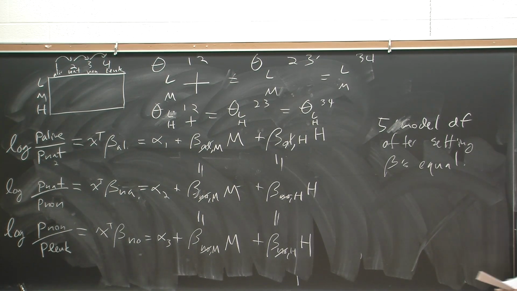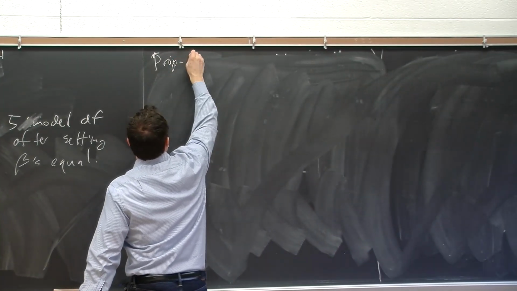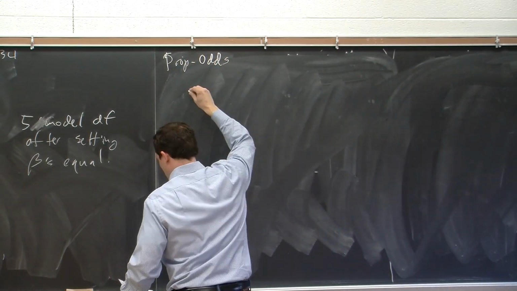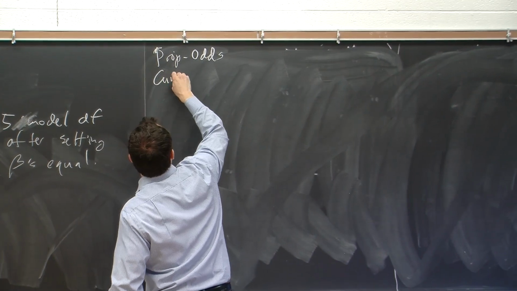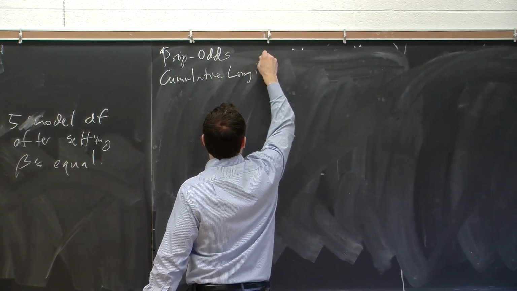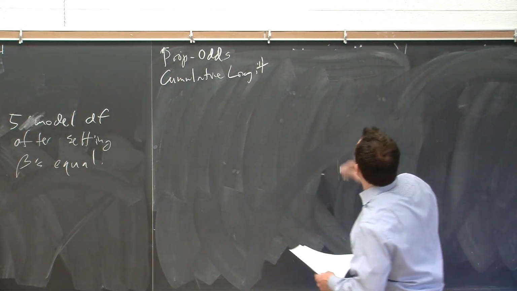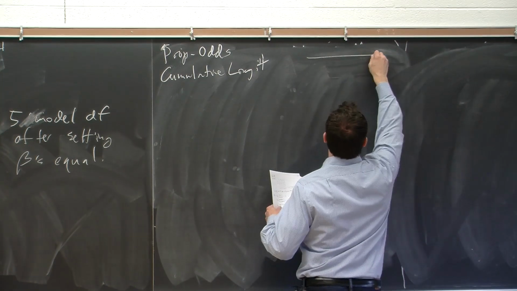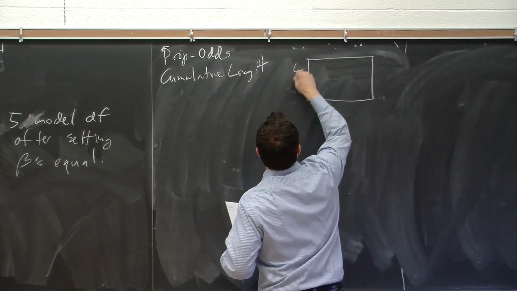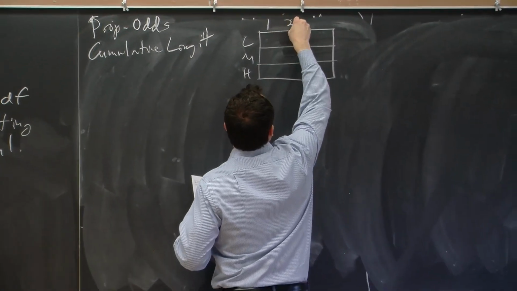So then we have a different model entirely, which is this proportional odds cumulative logit model. We start with the same table, LMH. 1, 2, 3, 4.